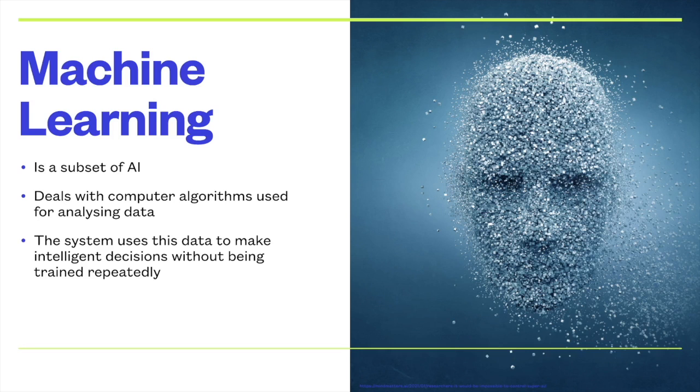Things are not so simple for machines, and the machine actually has to use a lot of data to make intelligent decisions, and it cannot be trained repeatedly, right? You train a machine once, you show it thousands of pictures of a dog, you would expect the machine to then recognize a dog every time it sees it, because you can't expect to carry that data around with you and every time you have to train a machine what a dog is, keep feeding the data into it, because that would just make things more complicated, and that's not the reason why AI is in existence.